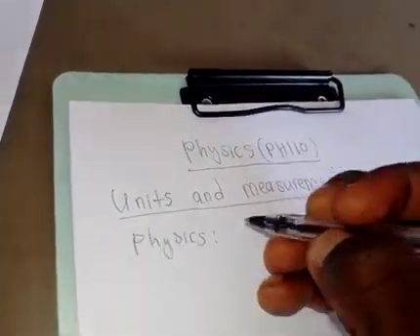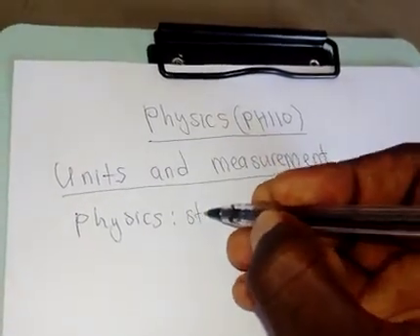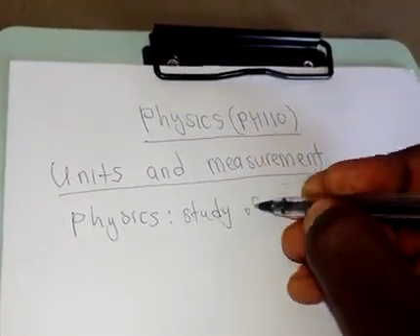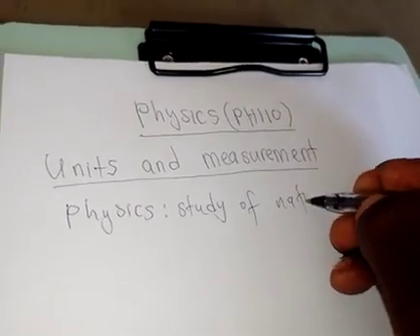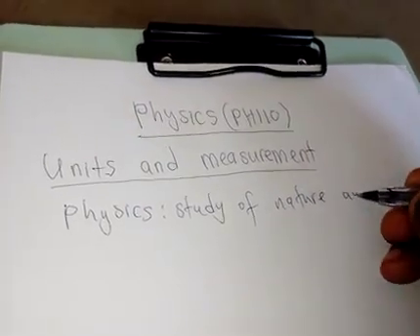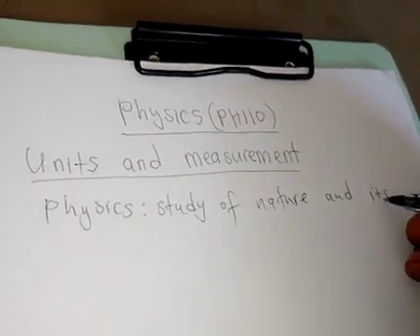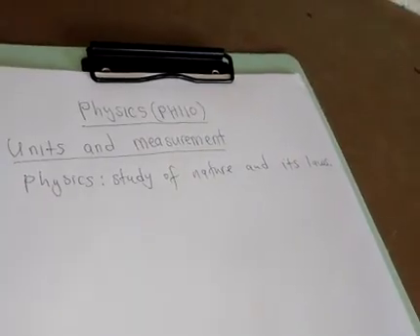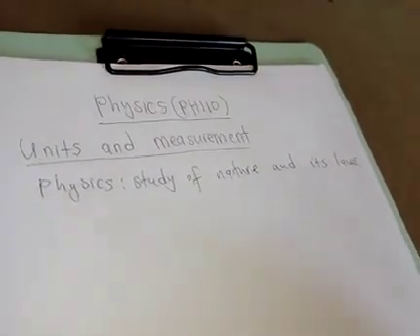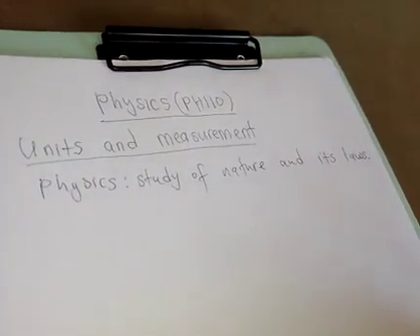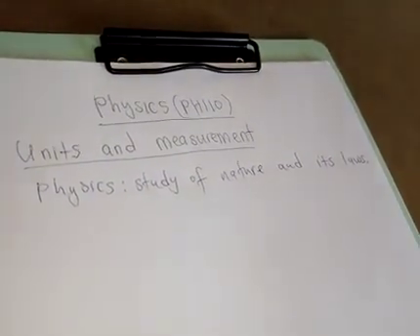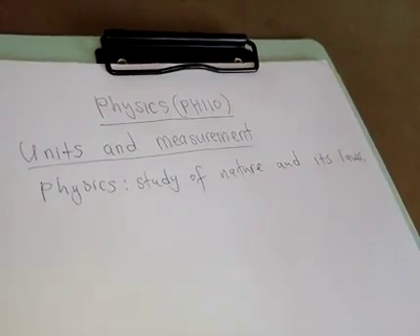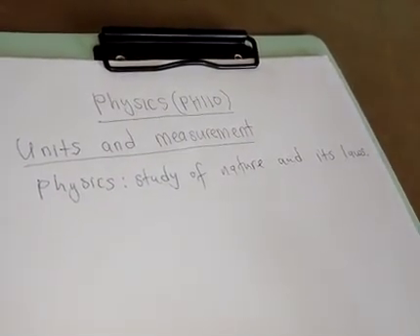We'll simply say physics is the study of nature and its laws. That's the definition of physics we can give: study of nature and its laws. What you must know is that most of the events that occur in the universe are governed by laws of physics.